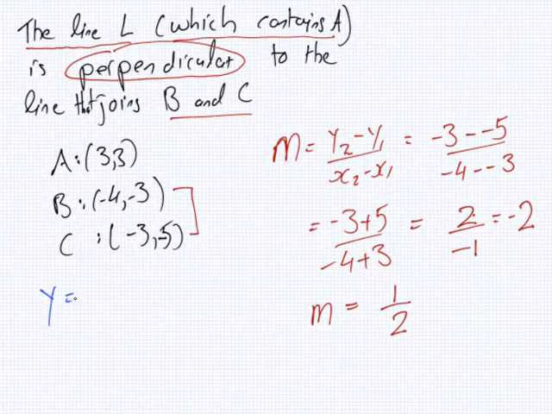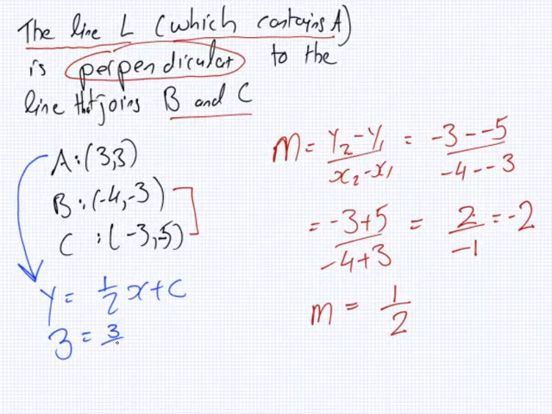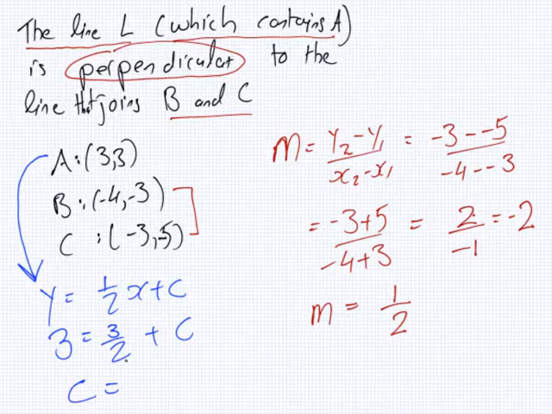Y equals mx plus c. Use A. 3 equals 3 over 2 plus c. C equals 3 minus 3 over 2, which is 3 over 2 also.